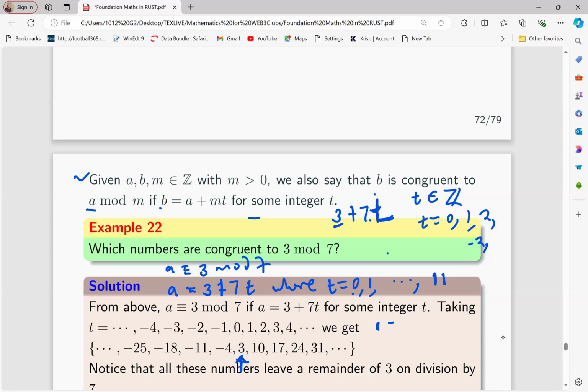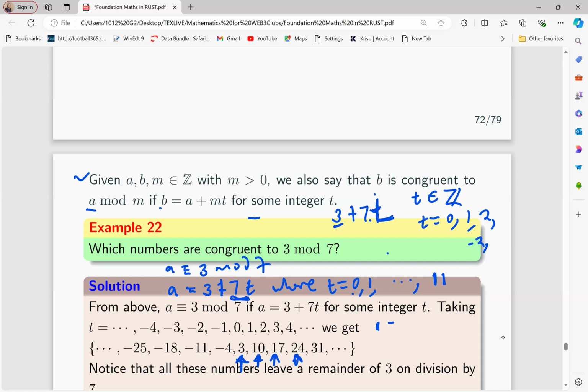When t is 1, this is 1 times 7, which is 7, plus 3 is 10. Get the next number. When t is 2, this will be 14 plus that gives 17. When t is 3, this will be 21 plus that gives 24, and so on.